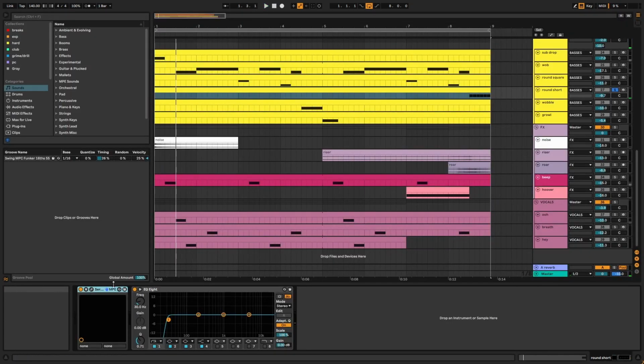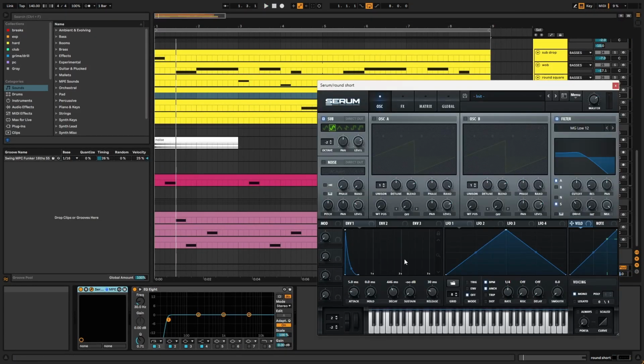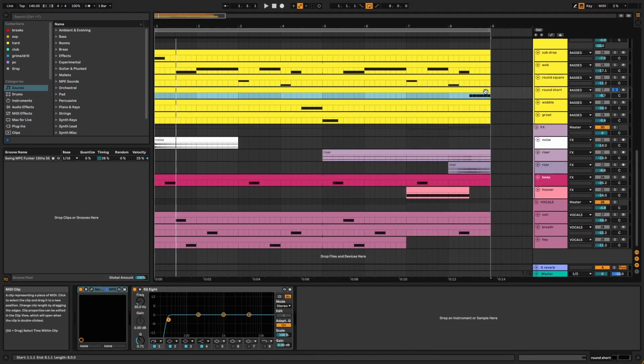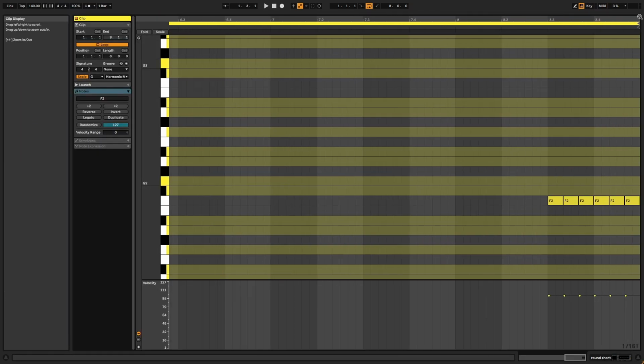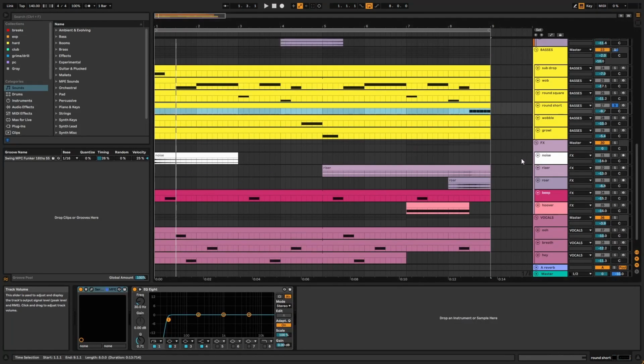The next patch is identical, aside from the plucky amp envelope shape. This was inspired by a triplet rhythm used in the Roteks. Next, we have the wobble.